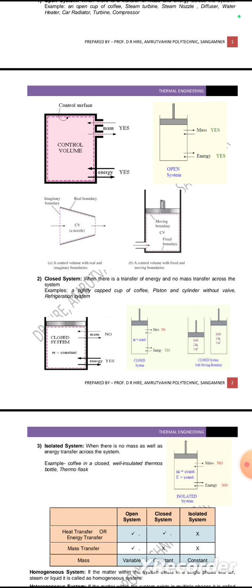So here the mass is not transferred but only energy gets transferred. There are different examples, such as a piston and cylinder without a wall, and a refrigeration system. These are examples of a closed system.